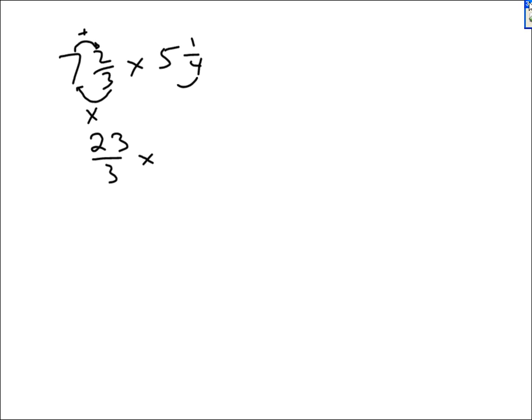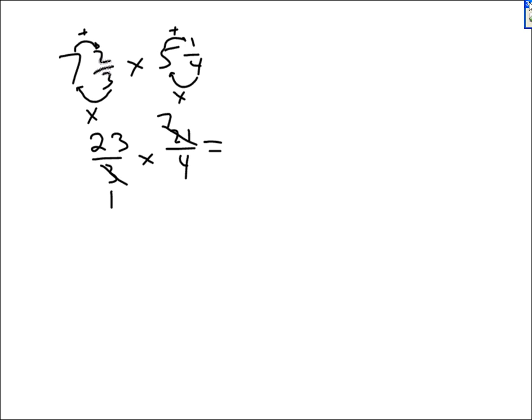Okay, let us try one more of these. 7 2/3 by 5 1/4. 21 plus 2 is 23 over 3 times 20 plus 1, 21 over 4. 3 goes in both of these numbers 1 time and 7 times.